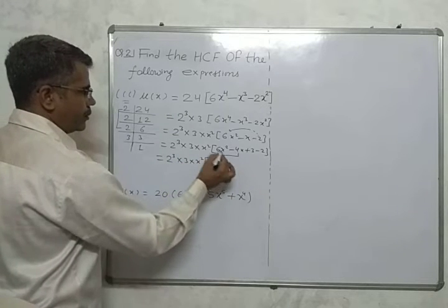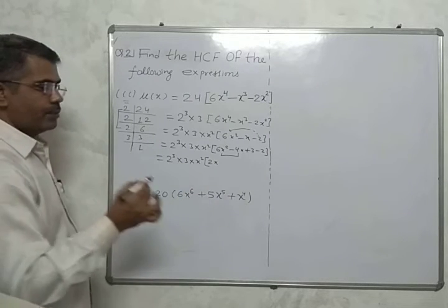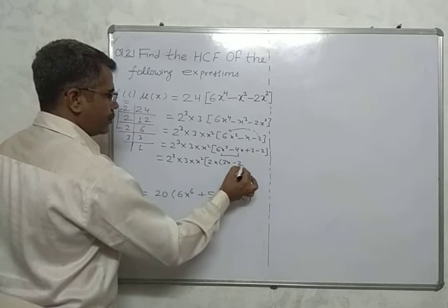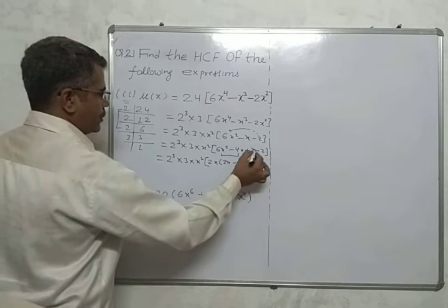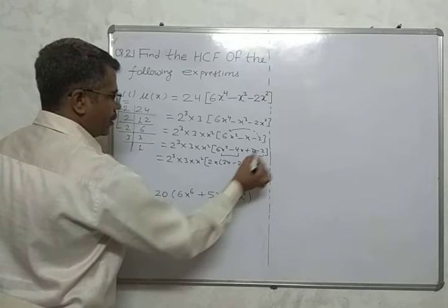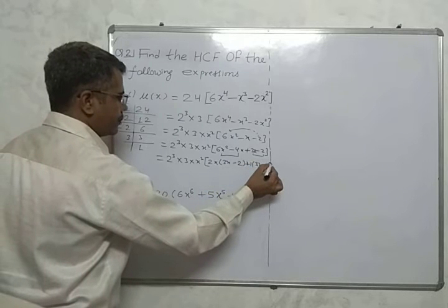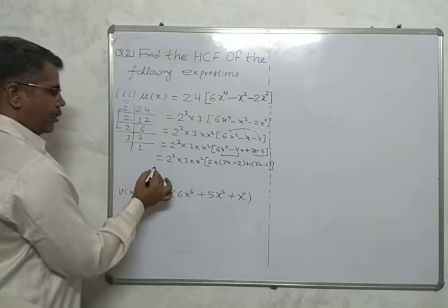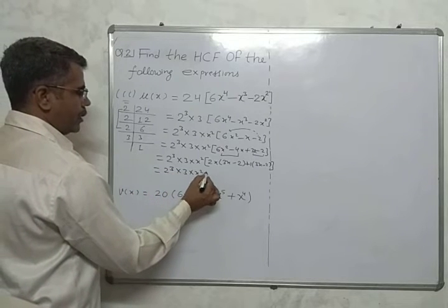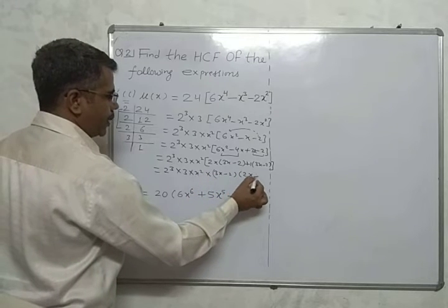If we take 2x common from the first two terms, we have 3x minus 2. Again we take common 1. We have 3x minus 2. 2 to the power 3 into 3x square, and 3x minus 2 common in the whole, we have 2x plus 1.